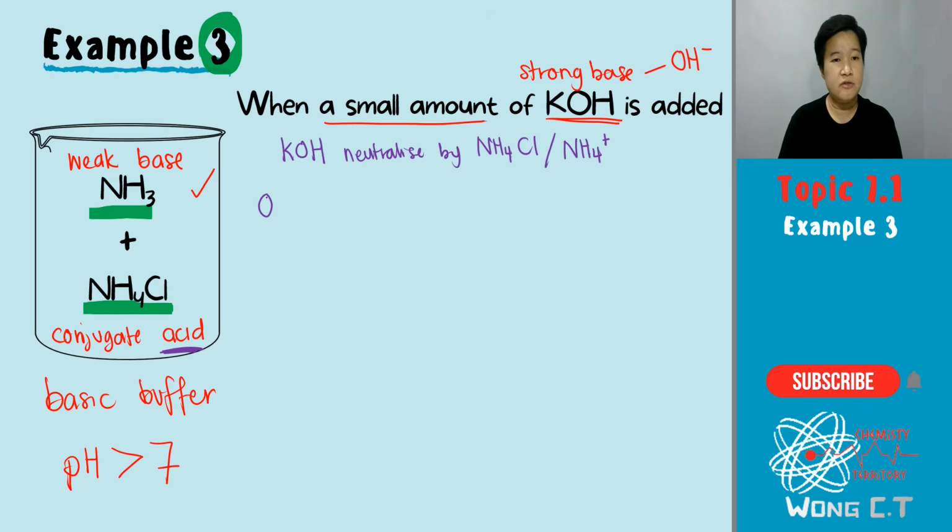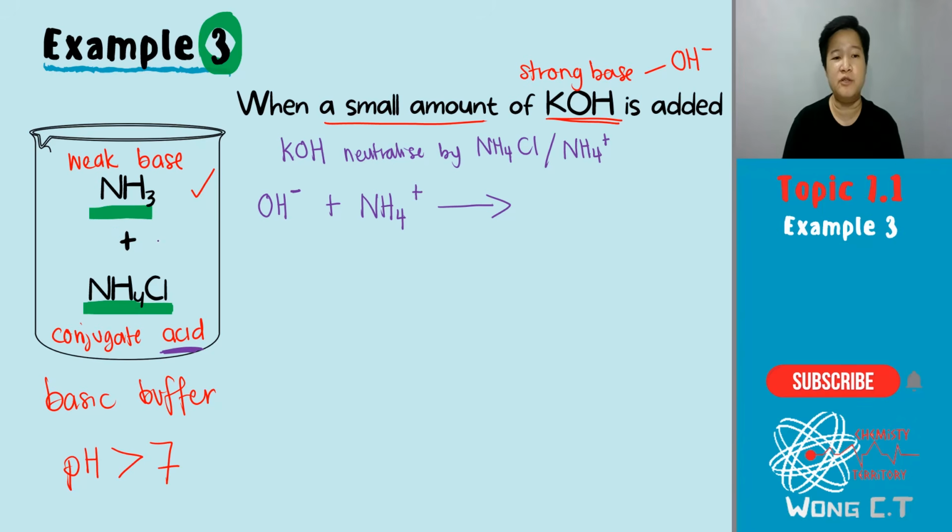And the equation shall look something like this. The KOH will have your OH minus produced, and the one that we want to neutralize is actually the OH minus. And we will use the NH4 plus over here. So, your conjugate acid will neutralize the OH minus base. And what do you think is produced?